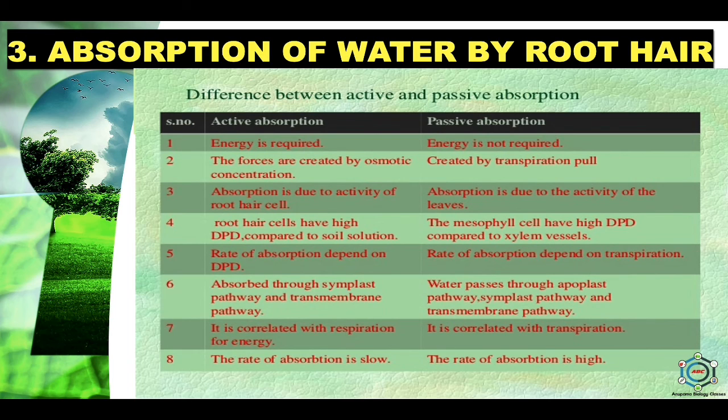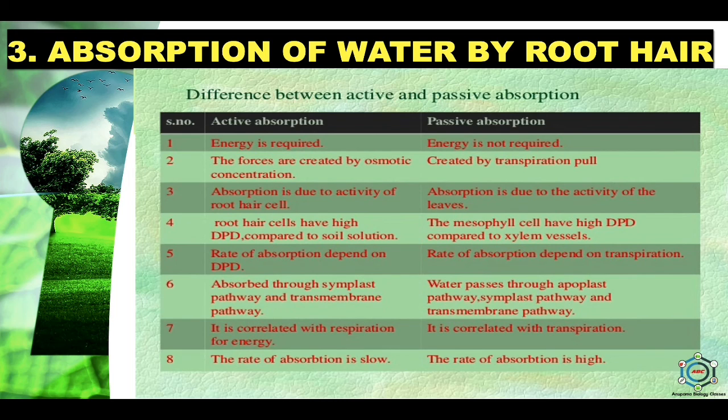In active absorption, root hair cells have high DPD compared to the soil solution, while in passive absorption the mesophyll cells have high DPD compared to the xylem vessels. The rate of absorption depends on DPD in active absorption, while it depends on transpiration in passive absorption. In active absorption, water is absorbed through the symplast pathway and transmembrane pathway, while in passive absorption, water passes through the apoplast pathway, symplast pathway and transmembrane pathway.